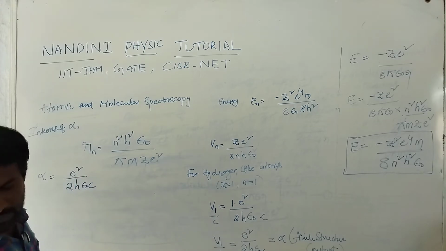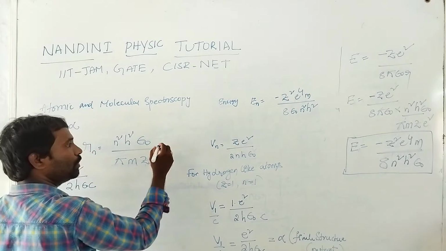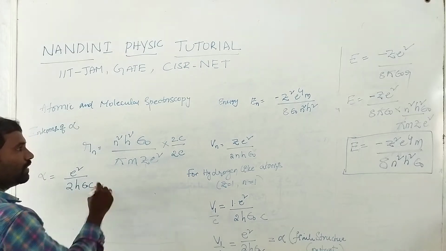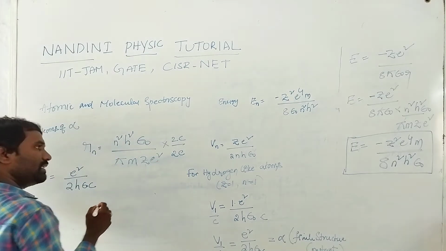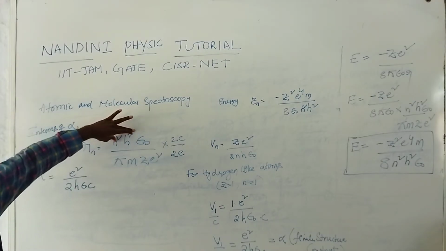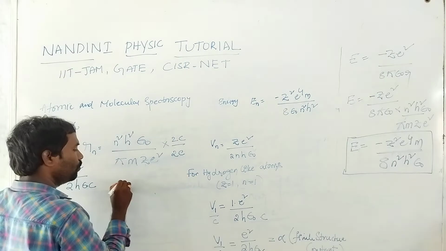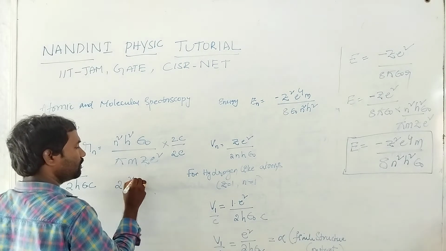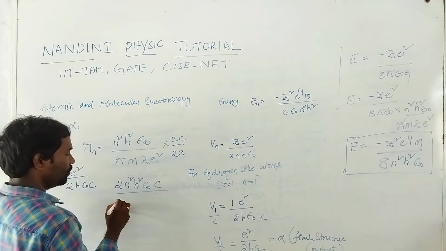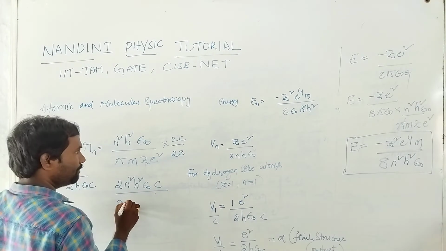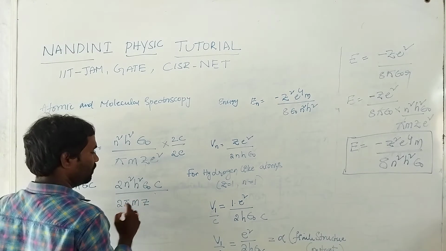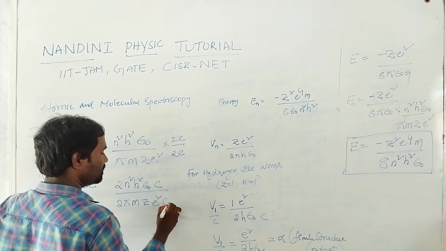For that purpose I multiply and divide this equation by 2c. If you multiply and divide, this is nothing but 2 n square h square epsilon naught c divided by 2 pi m z e square into c.